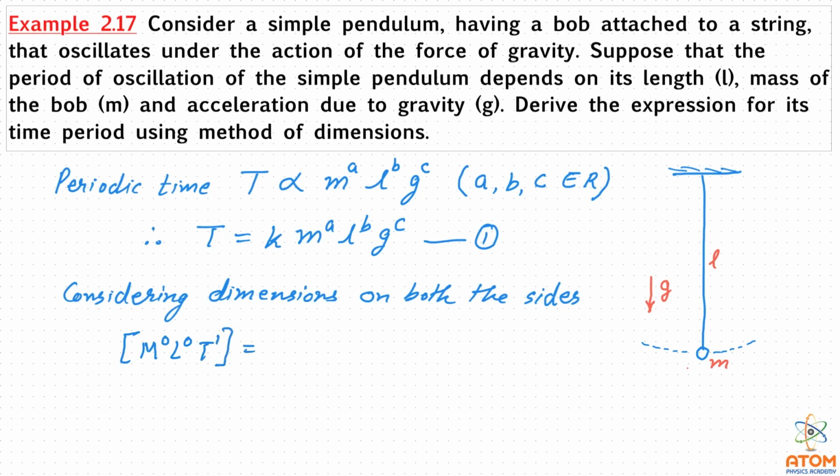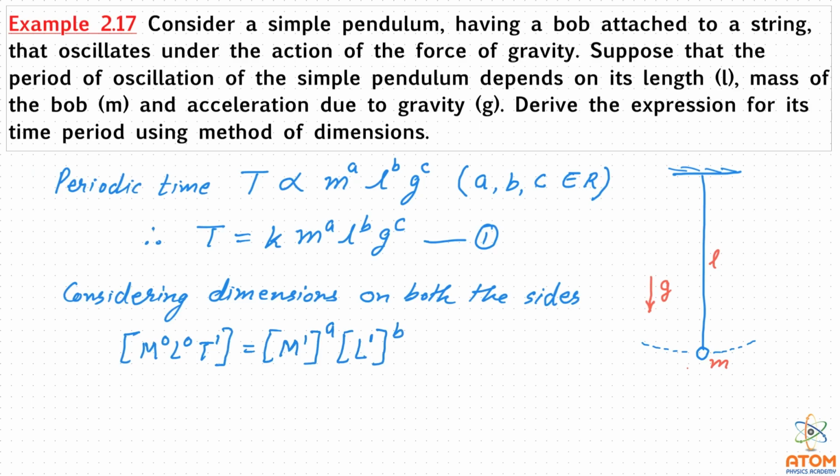Now the right side is having the first term as small k, which is a dimensionless constant. So we will not consider that. Then comes mass. For mass small m, the dimension formula can be written as just M1 raised to a. Then comes length L. So for that the dimension formula can be written as just L1, but the power is b.